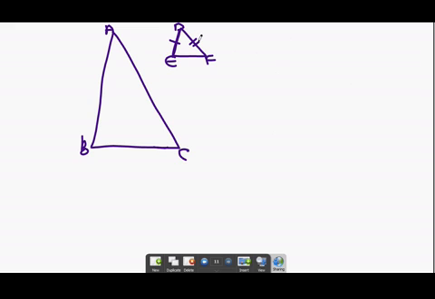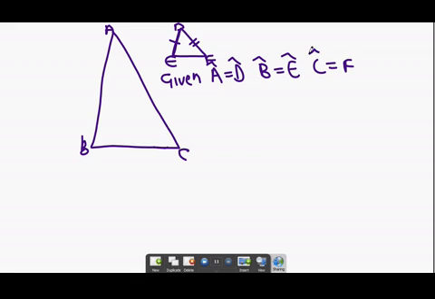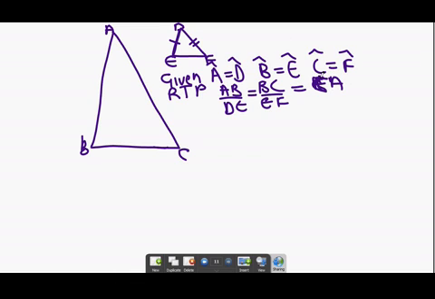Now, if these two triangles are similar, and we are given that angle A is equal to angle D, angle B is equal to angle E, and lastly angle C is equal to angle F, then we are required to prove that AB over DE is equal to BC over EF is equal to CA or AC over FD.